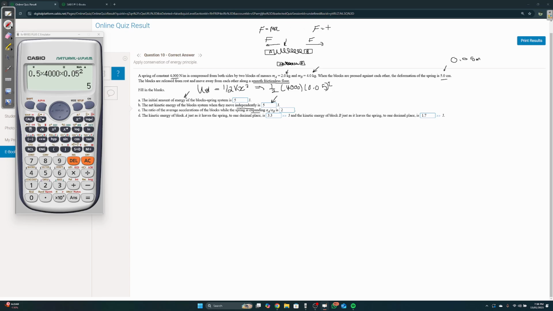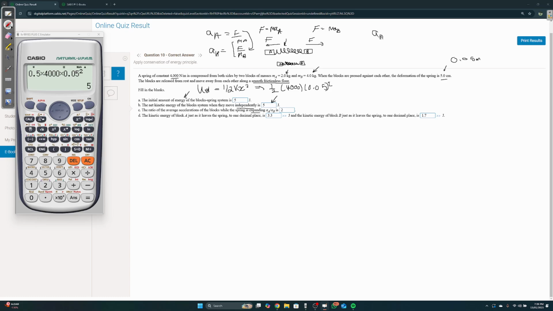Let's call it m_A a_A and m_B a_B. Acceleration of A is equal to F over m_A. Acceleration of B is equal to F over m_B. This force is the same. What's different here is mass of A and mass of B.